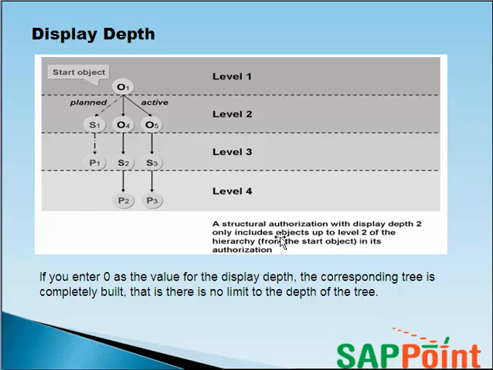So for the structural authorization, here it says, structural authorization of display 2, depth 2 only includes objects up to level 2. So level 4 would return everything that you see on the screen in this example. Now, one of the reasons why you could use the depth level would be if there are any performance related issues for structural authorizations.